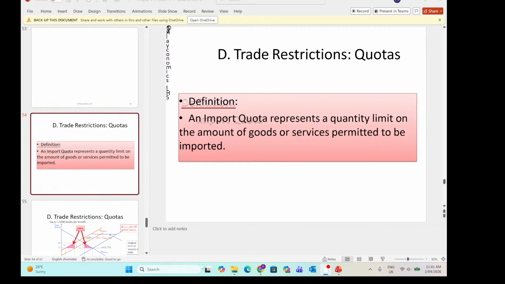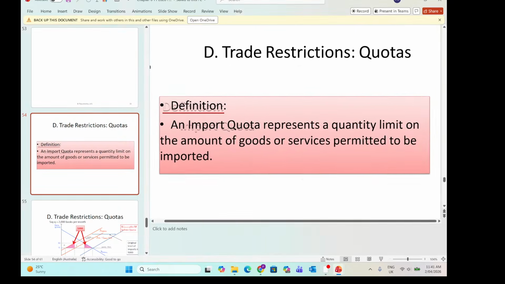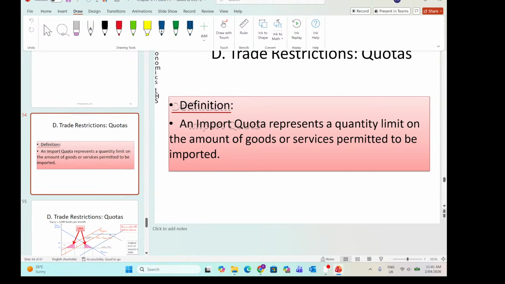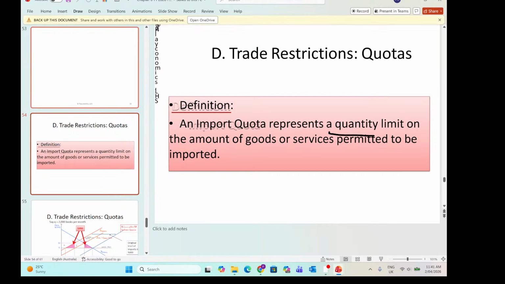Okay then. So first of all, we have an import quota, and what are the key words here? The import quota represents a quantity limit on the amount of goods that can be imported.